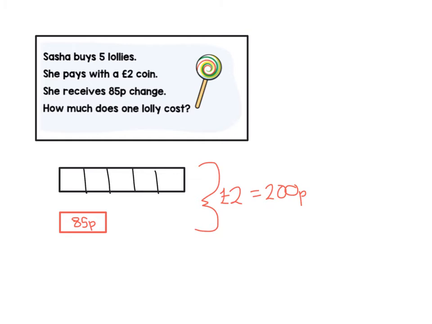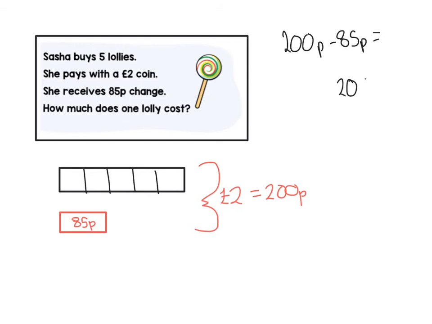So all of these plus this is going to give me this 200p. So if I do that backwards, 200p take away 85p is going to give me what's in the bar.